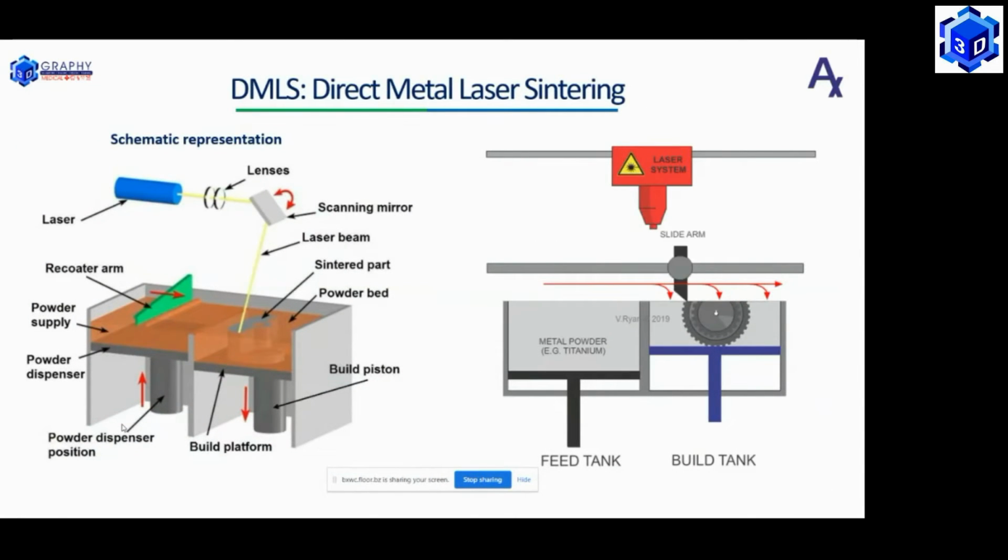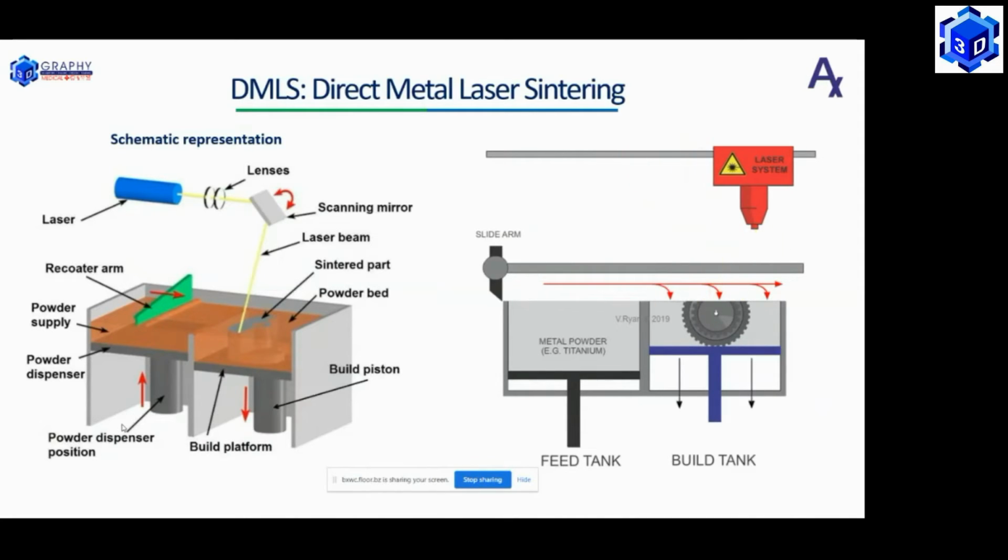Coming to the last technology that we have to discuss today, that is DMLS. DMLS also follows the basic process sequence of most 3D printing machines, that is model, slice, and print layer by layer. So again, very similar technology. A thin layer of titanium powder is spread over the build. Now there is a print chamber in which the heat is increased, and the material is made to reach a melting point.